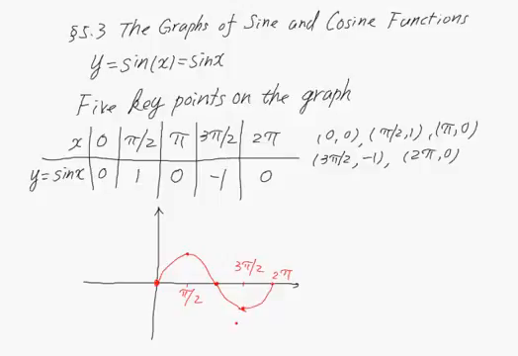In this way, we get one cycle of the sine function, with x in the closed interval from 0 to 2 pi. This interval is called the fundamental cycle of sine x.